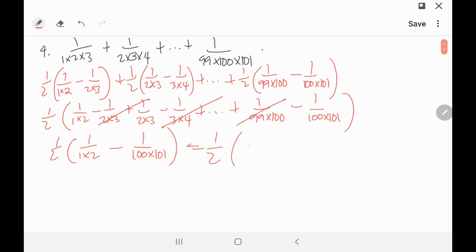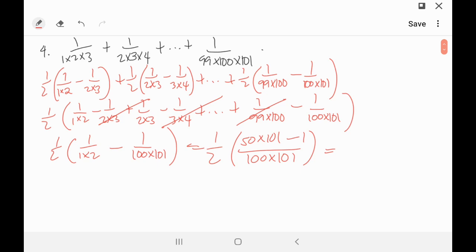So inside the parentheses, the common denominator is 100 times 101. So 100 times 101 divided by 2 is 50 times 101. And then this common denominator divided by 100 times 101, that's 1.